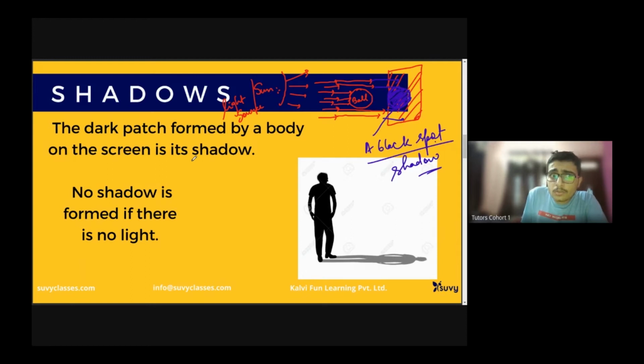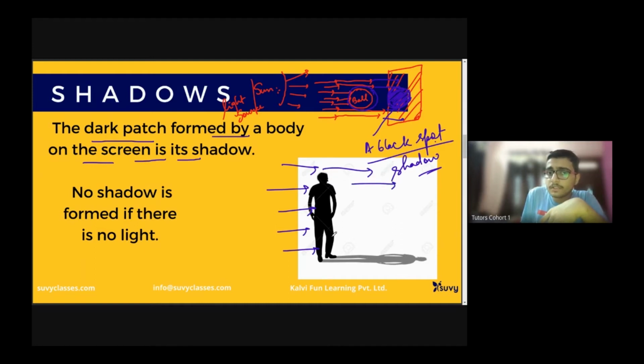So the dark patch formed by a body on the screen is its shadow. If there is a body kept here, any body, even a human being, human beings have shadows. If this is the sun here, light is falling on this person, and the light which does not fall will move in a straight direction.